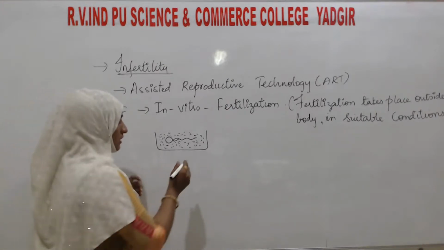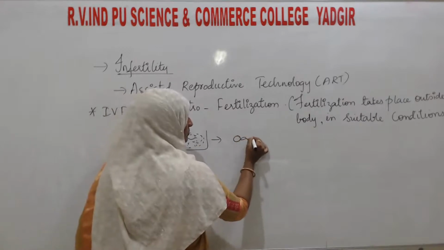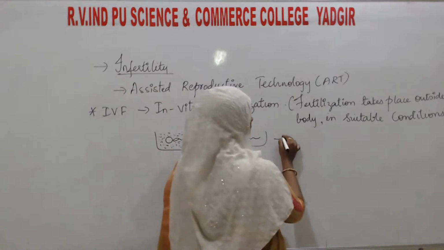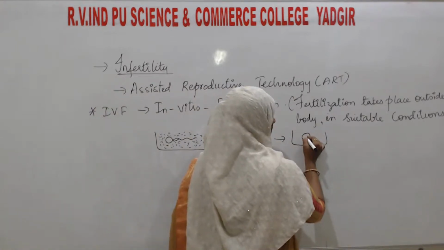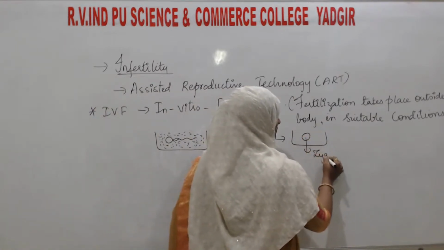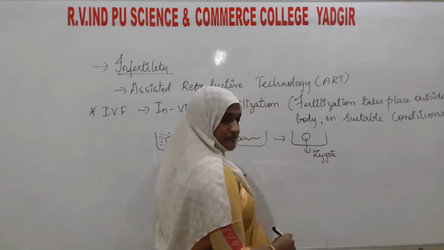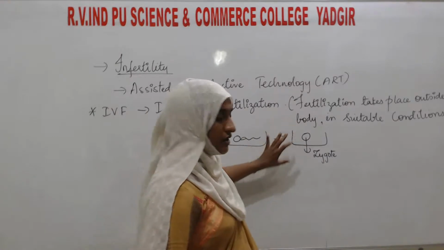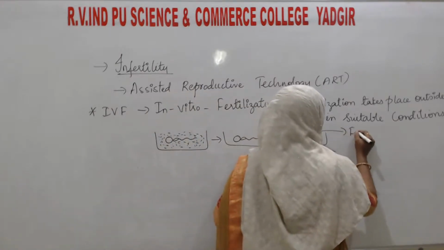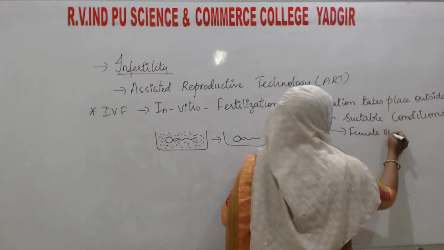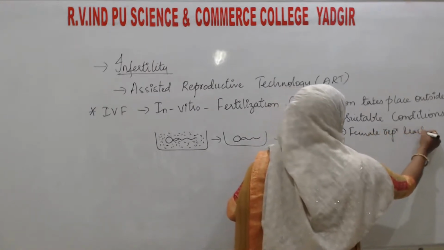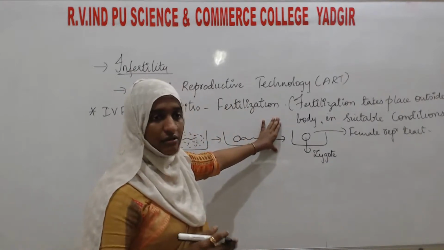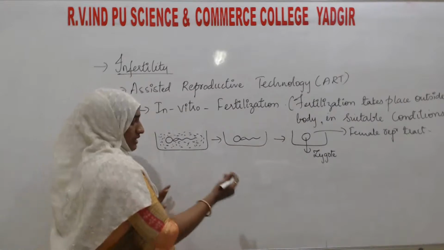Okay. Then next, they fuse in the petri plate. After that the zygote is going to form. This is the zygote. Either they will transfer this zygote into the female reproductive tract, or otherwise, if they are not going to transfer it, they will wait.